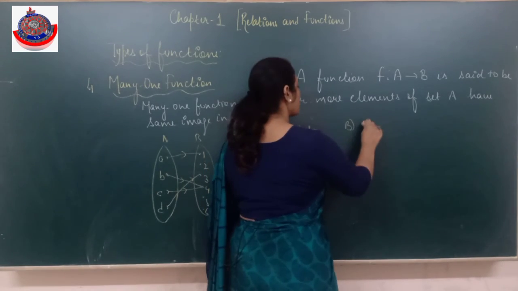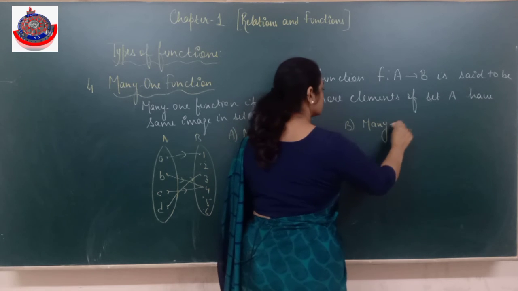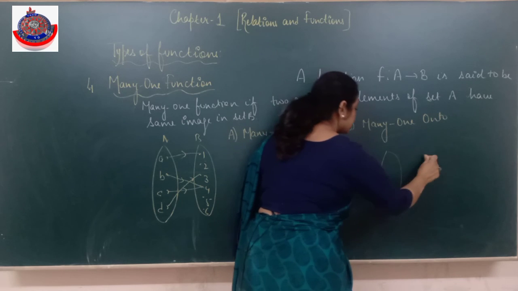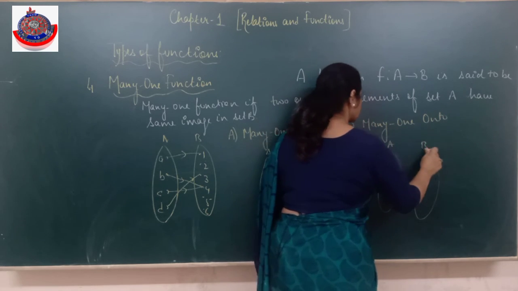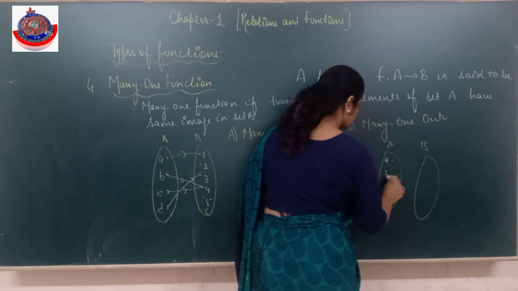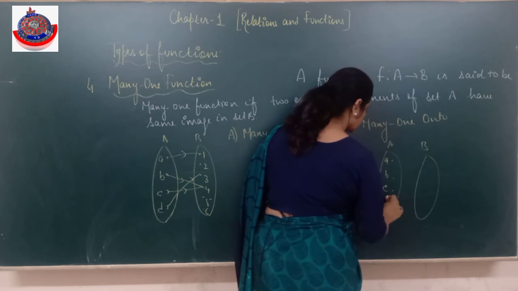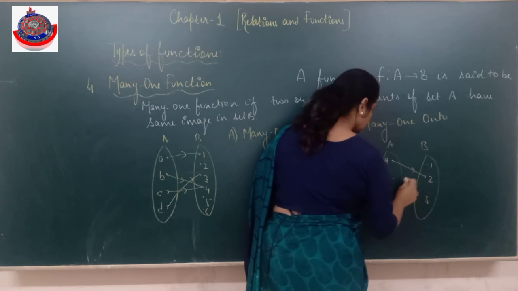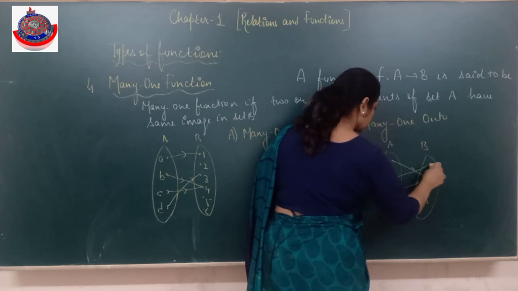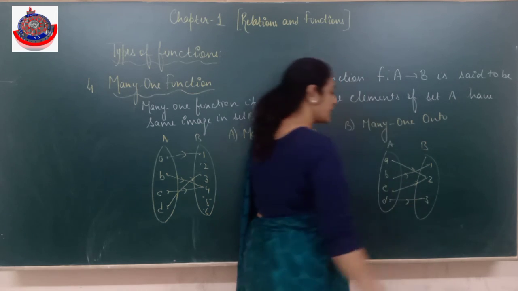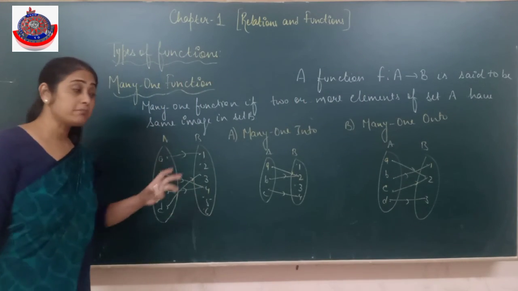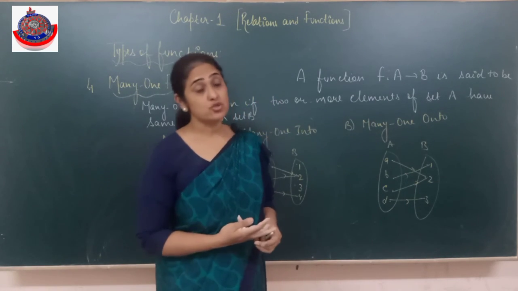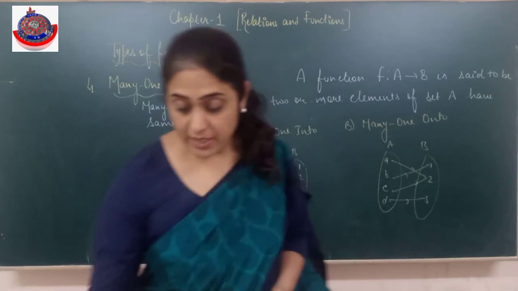Now many-one onto, when there is no element left in the second set. Many elements have one image, but there is no element left in the second set, so that is called many-one onto. Is it clear?